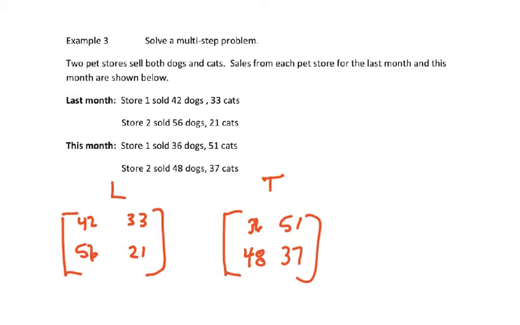So on both of these, store 2 is the bottom row, store 1 is the top row. And then the left column is dogs, the right column is cats. Remember I said sometimes it would be organized in a way that makes sense for some kind of situation? This is one of those situations. So if I wanted the dogs from store 2, I could go down to 56. And I would know that that was how many dogs store 2 sold last month.